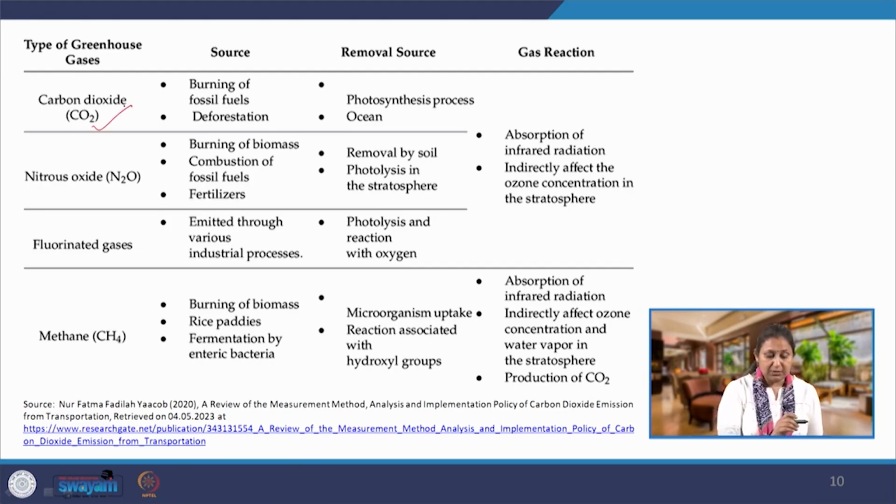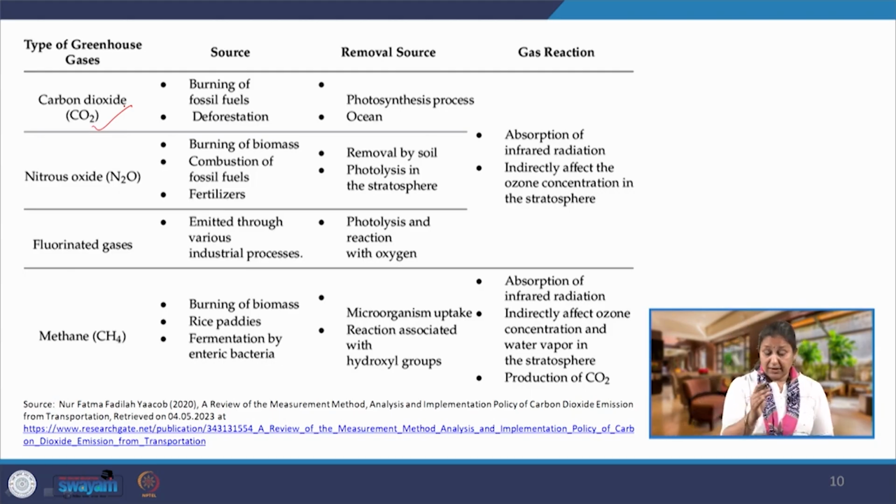If you look at carbon dioxide, very clearly we know that it comes from the burning of fossil fuels. This burning could be from various sources: for transportation, for industrial processes, for cooking, for heating, for generating energy and electricity. But primarily, whenever fossil fuels are burnt, we release carbon dioxide, and we also sometimes release methane.